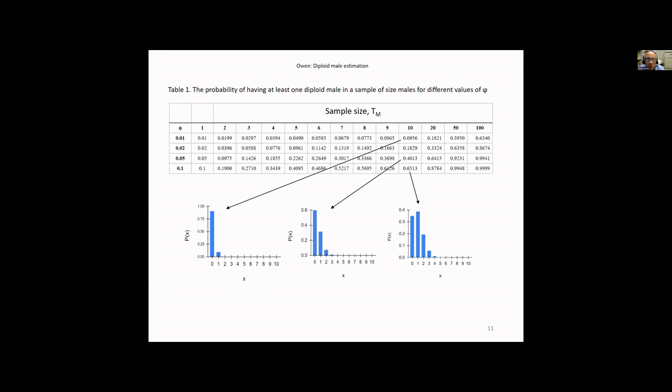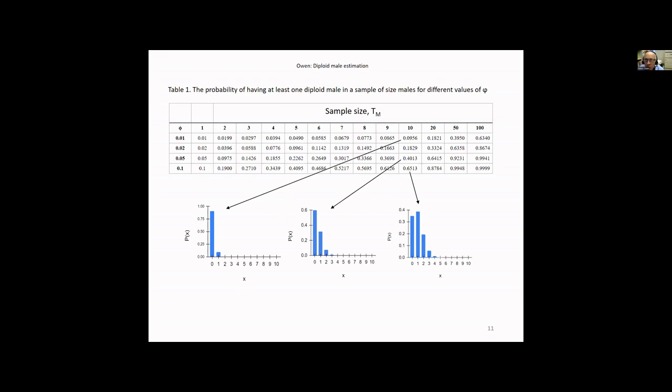And of course, the smaller the sample size, for realistic values of phi, the probability of getting more than or even a single diploid male is very low, as you can see here. Now, normally, in most usual populations, you would expect the frequency of diploid males to be about 1 or 2%, maybe up to 5%. So as you can see, having a decent sample size obviously is important.